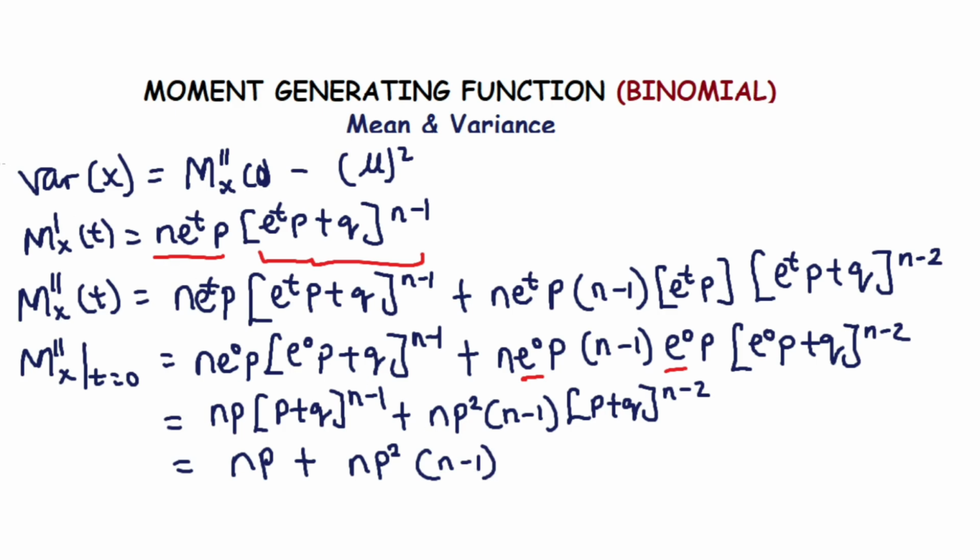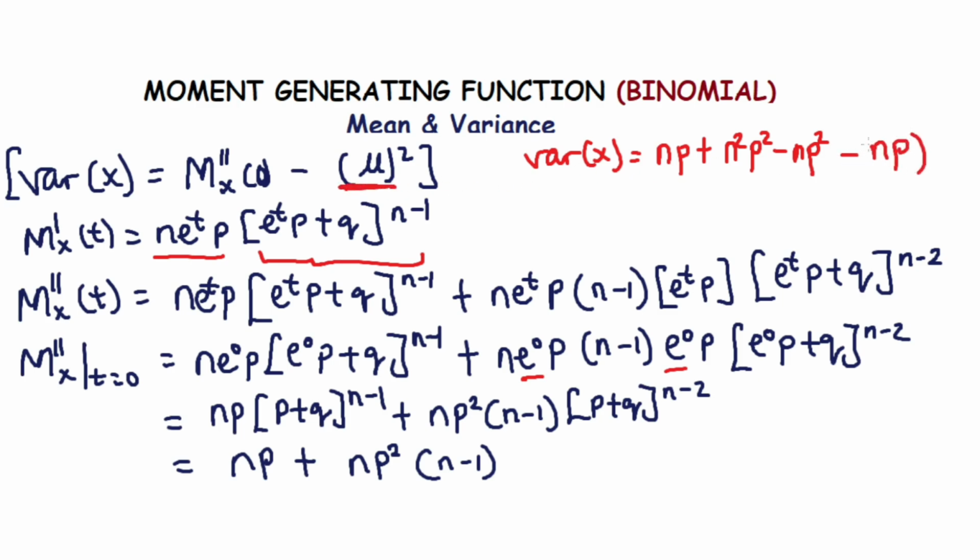So I'll go ahead and fit that into this main formula here. Then we would have the variance as np plus, open the bracket, n squared p squared minus np squared, then minus this mean here. The mean that we got is np, then take the square of that. That would be np plus n squared p squared minus np squared minus n squared p squared. This cancels this out.